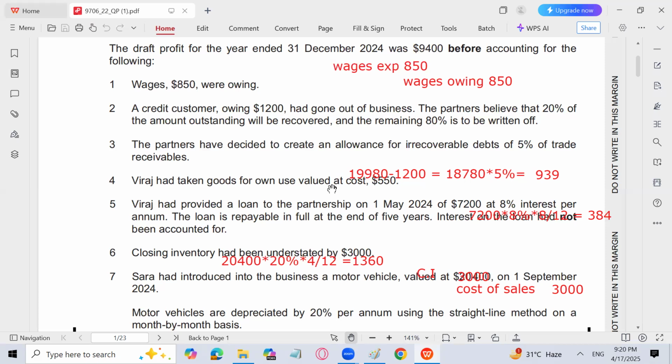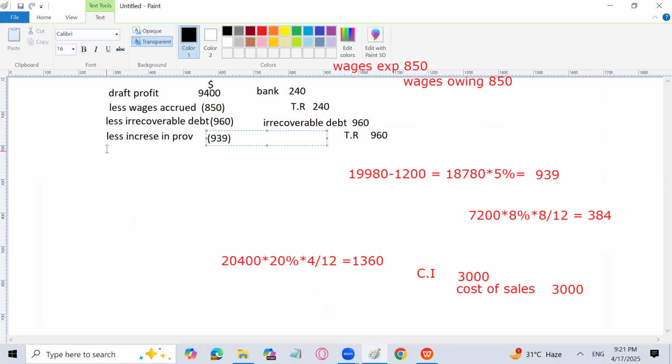Or you can say that we have not subtracted 550 from purchases. That is why purchases are overcast, and because of that, profit is going to be recorded undercast. So 550 will be added. I will write here, add goods drawing. This is a spelling mistake. That is 550.